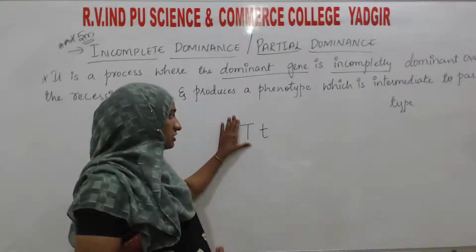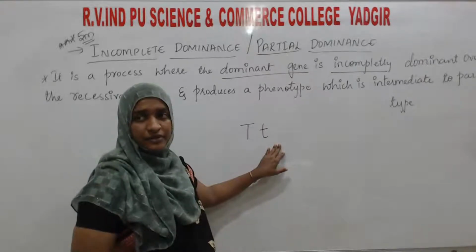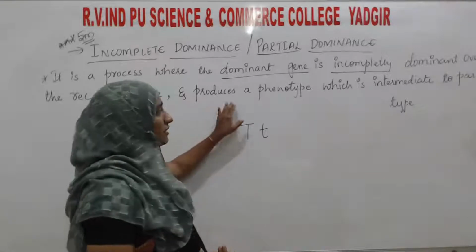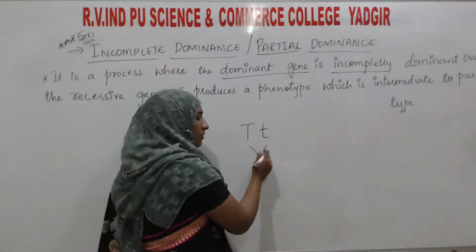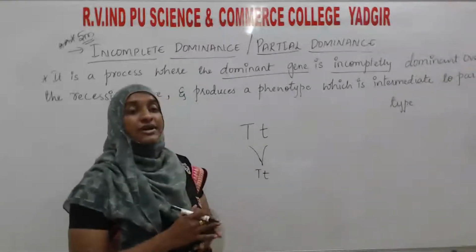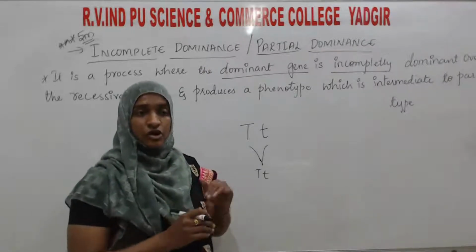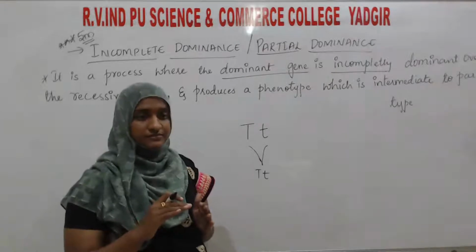The tall gene is incompletely dominant over the dwarf one in the recessive, and they will produce a phenotype which is intermediate to the parental type. Intermediate means in between, not tall, not short, medium sized.